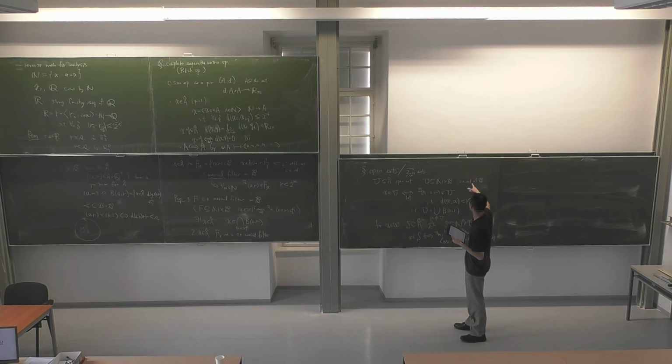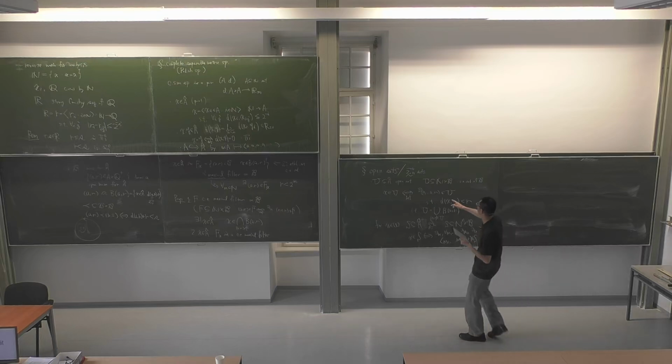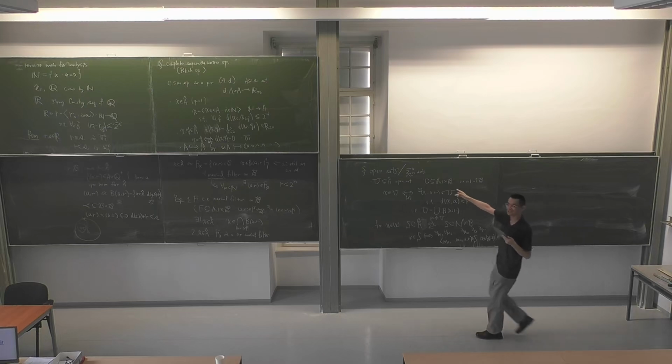So just to make this a sigma 01 set. In a sloppy way, U is just a sigma 01 definable subset of B. Officially, we should write it in this way.